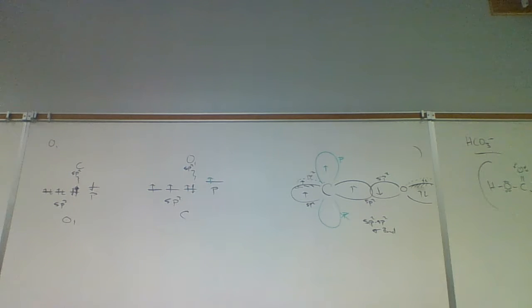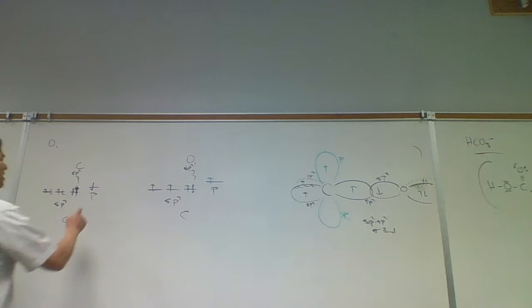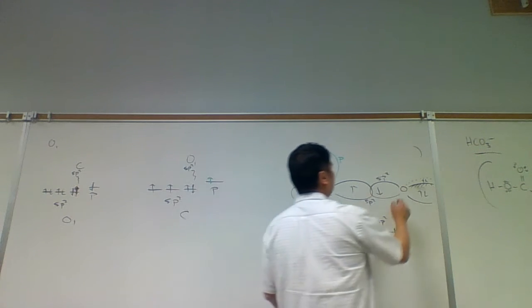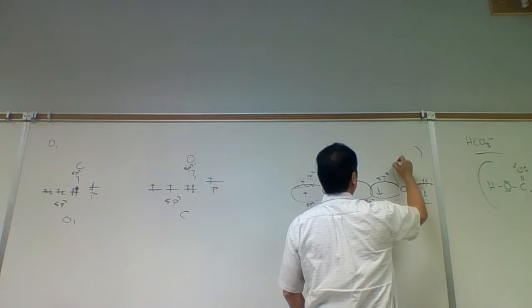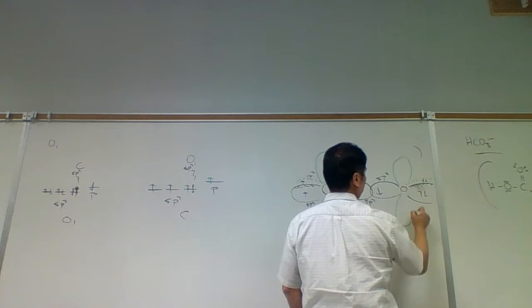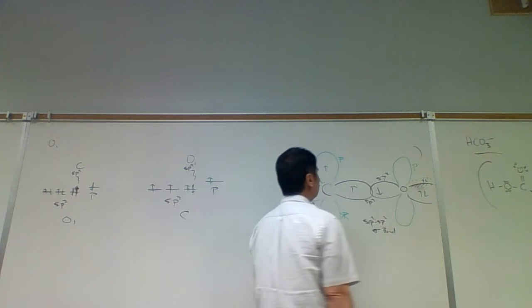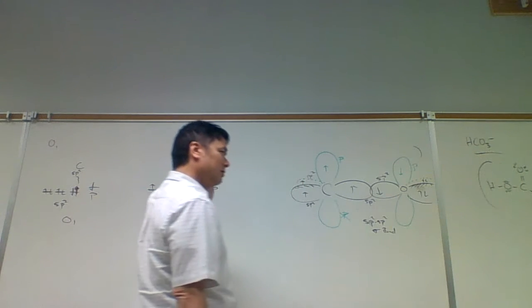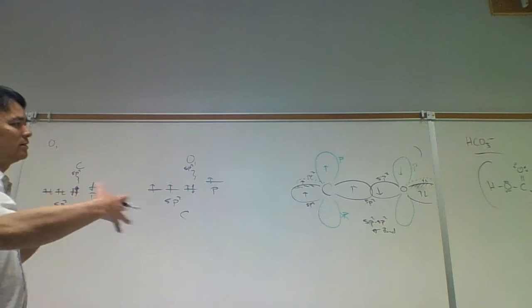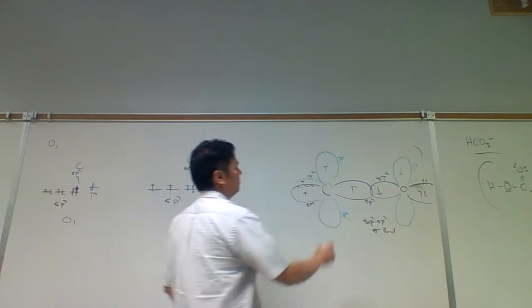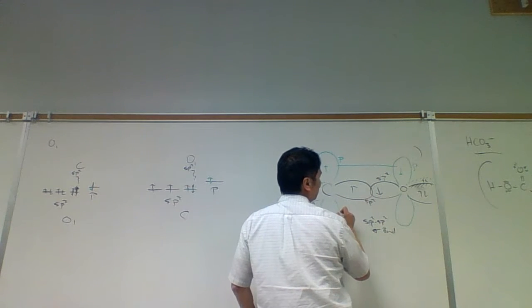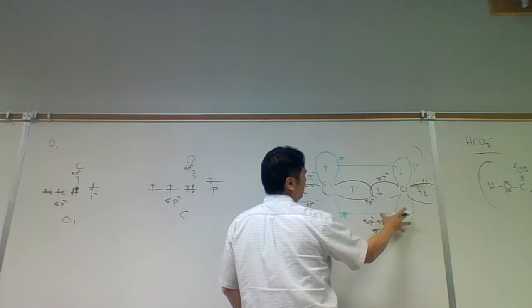And then if we look at oxygen, oxygen has this unhybridized p right here, like carbon. So there's a p orbital here. And so we'll have an electron like this. Now, even though the p orbitals look far away, they're going to overlap. And so we draw a line connecting them since there's some distance there, but really it doesn't end here.